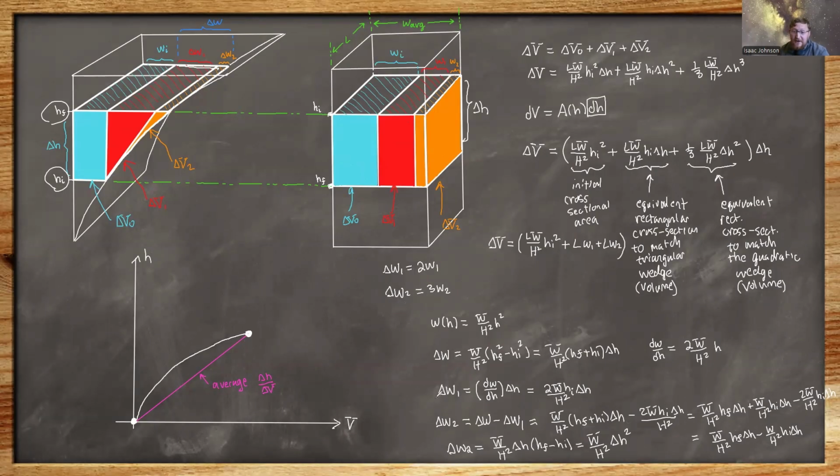And you can also look at what delta W1 had in it. It had a 2 in it. So that's why there wasn't a 1/2 up here, like we kind of expected, because delta W1 itself had a 2 in it. And so that 1/2 just canceled out with it.